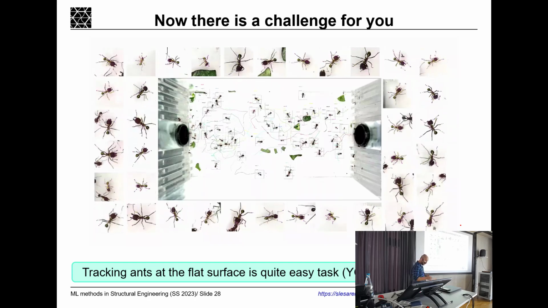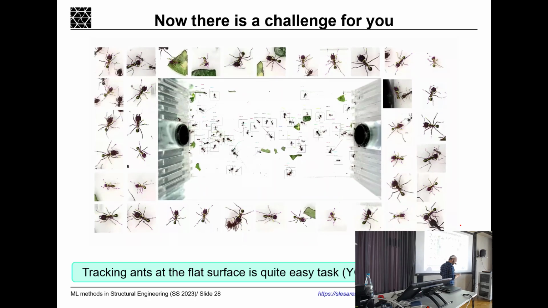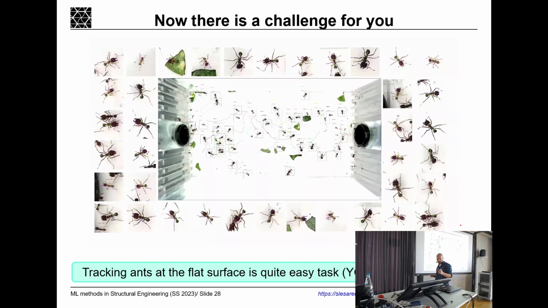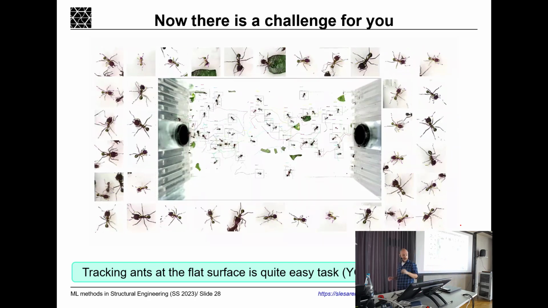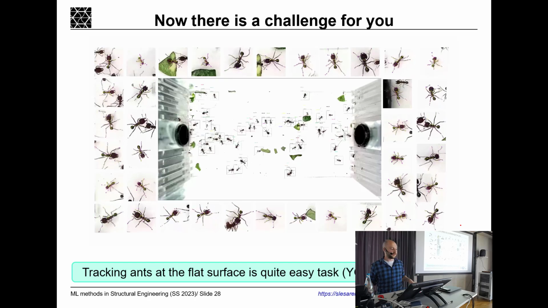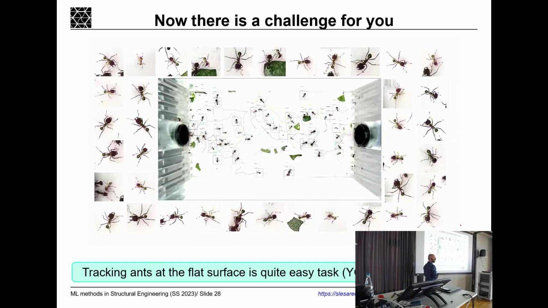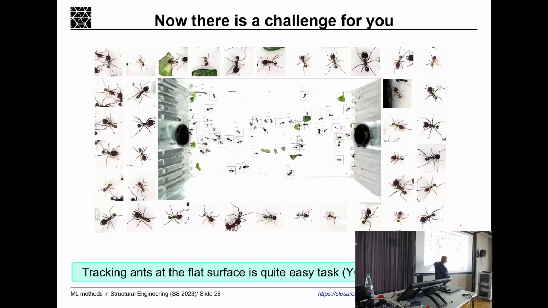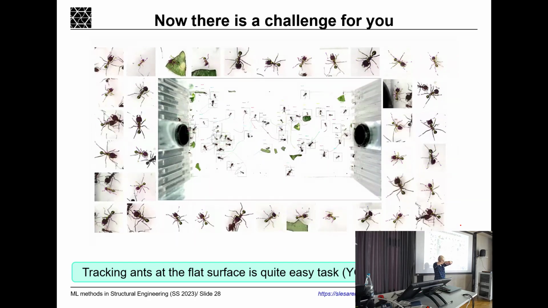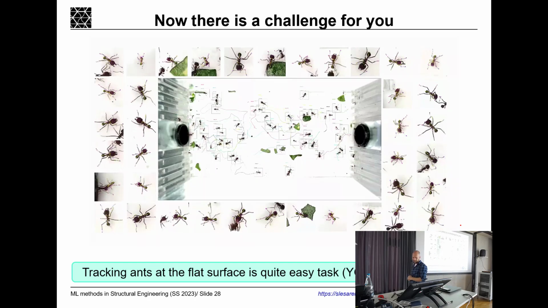This tracking approach with YOLO works quite well if the ants live on a flat surface. You have this nice white background, so it's quite easy to detect ants. Of course, there is some confusion when they intersect, but in general that's not a big deal.